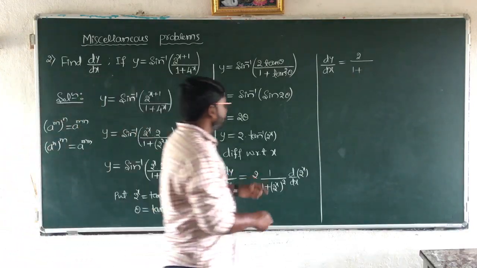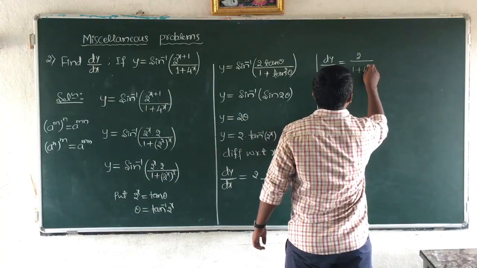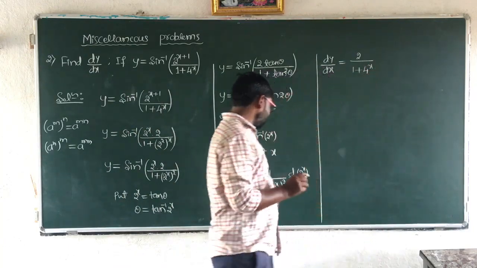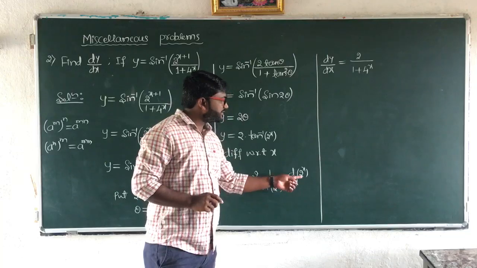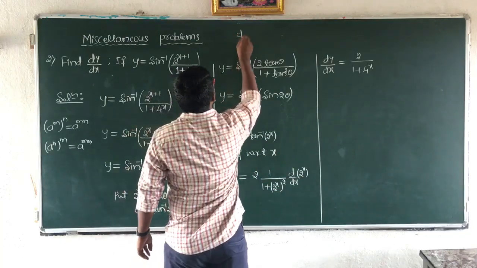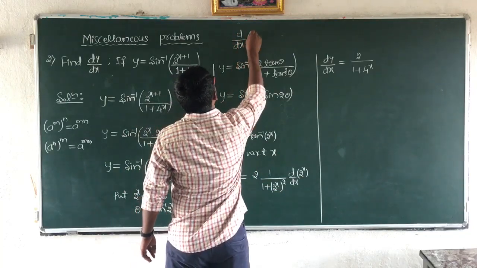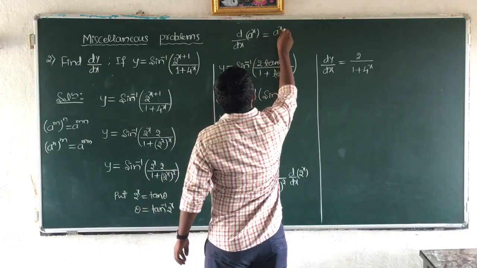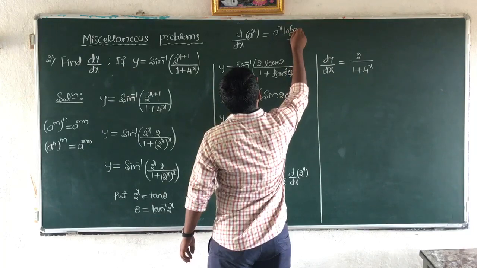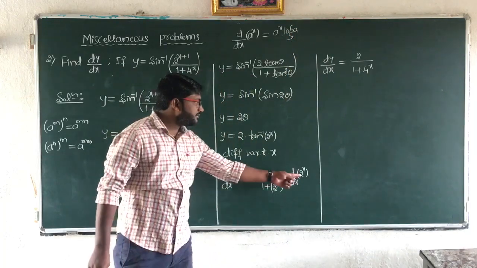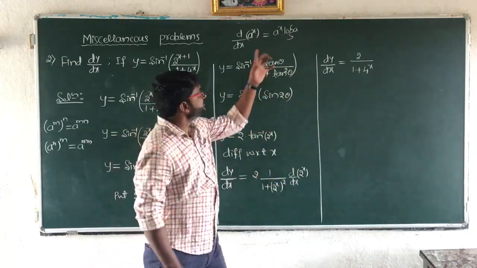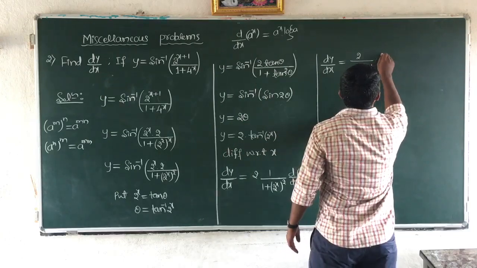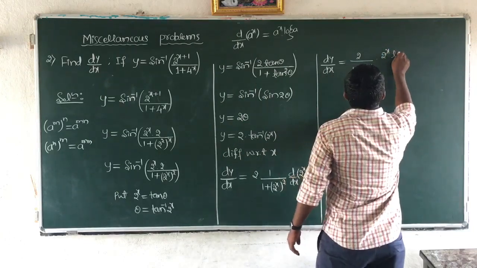So now this is 4 to the power x into the derivative of 2 raised to x. What is d by dx of a raised to x? It is a raised to x into log a. So here a is going to be 2, so I make use of this formula. It is 2 raised to x into log 2.